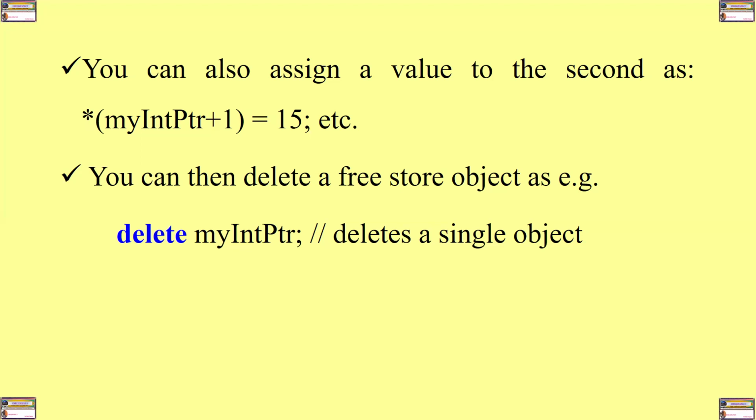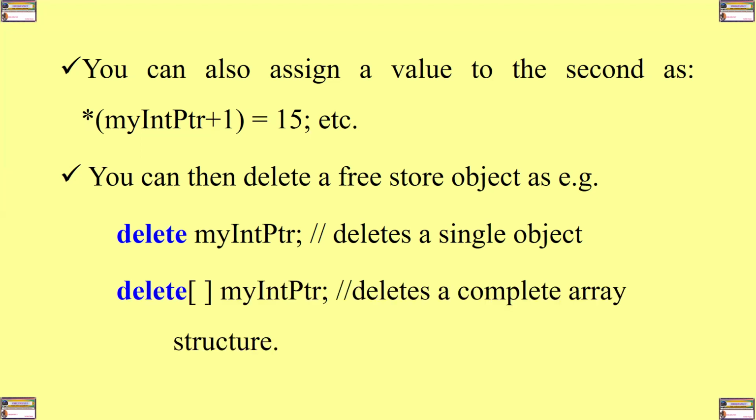And therefore, a statement like delete my int pointer simply deletes a single object. Which object? The pointer that we've been using to point to the memory that has been set aside for a variable, whether it's a single variable or a variable of type array.